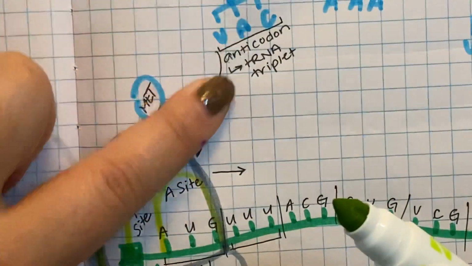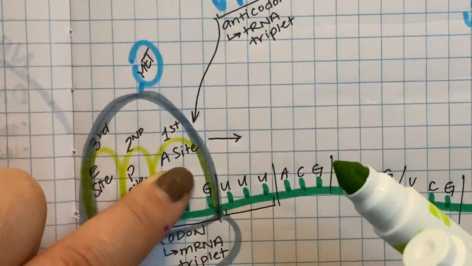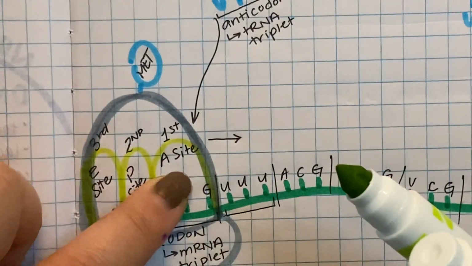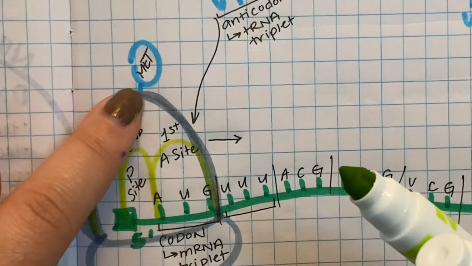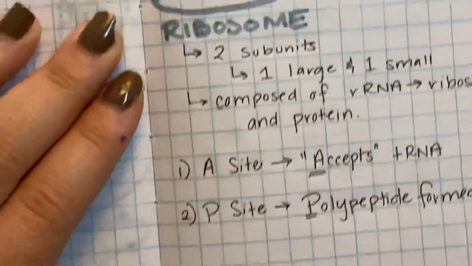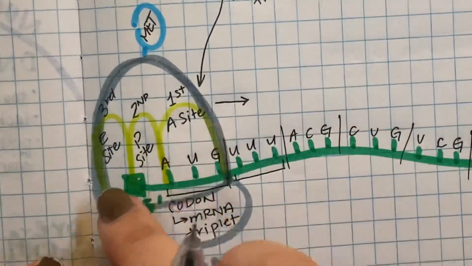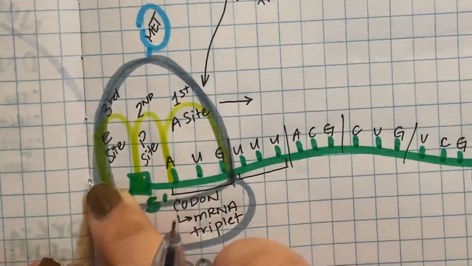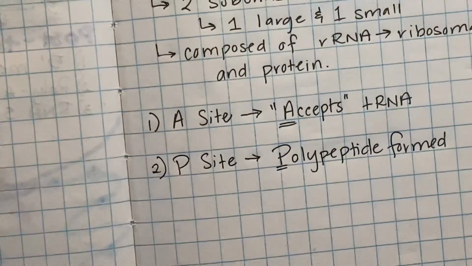So the tRNA will bind. We're gonna cleave our amino acid here, and then we're gonna bind our amino acid at the P site. So we're starting to form our polypeptide up here. Once the ribosome moves again, we tick over once more. Now AUG is here at the E site.